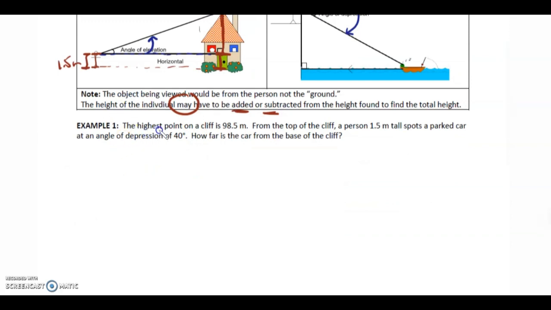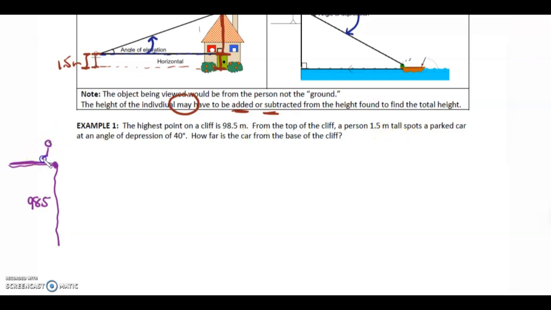Example 1, the highest point on a cliff is 98.5 meters. So say there's a cliff. Okay, so if we're considering it up and down, this is going to be 98.5. From the top of the cliff, a person 1.5 meters tall.